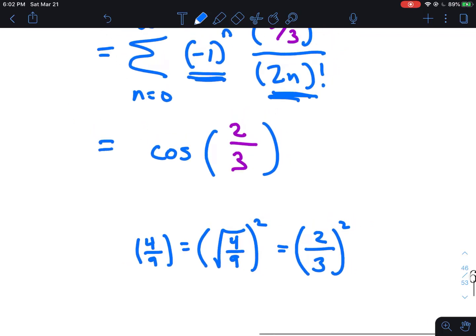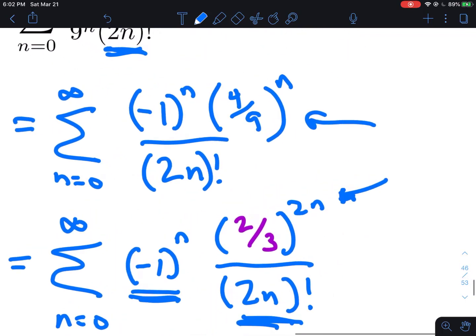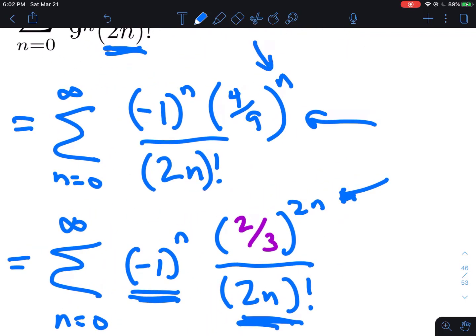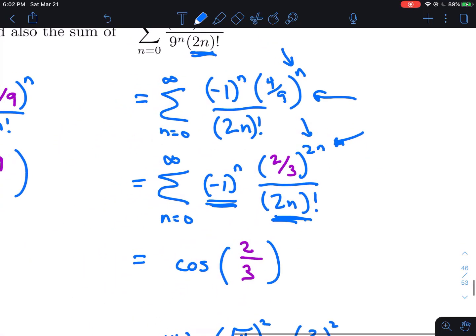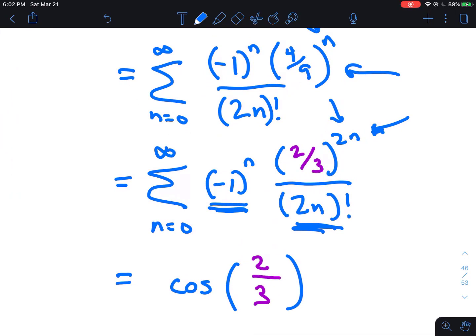And when you take powers and raise them to powers, in this case raising it to the nth power, they multiply, and that's how you can create this raised to the 2nth power. And so this actually becomes 2/3 instead of 4/9. And now we have this set up exactly like cosine. So this is going to be cosine of 2/3.